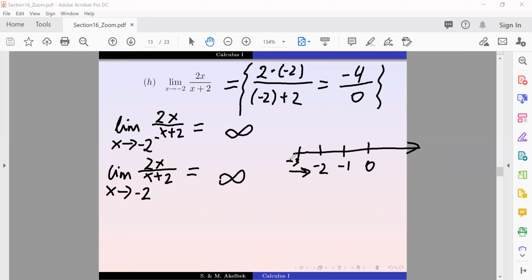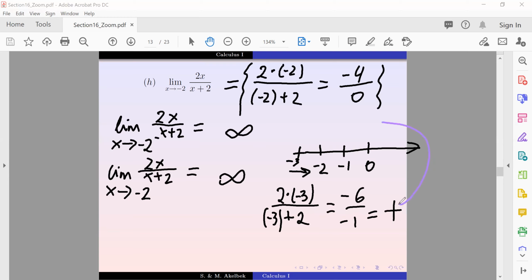So if I take -3 and substitute, we have 2 times -3 over -3 plus 2. So it's negative 6 over negative 1. The value is positive. So this positive value is going to give me positive infinity.